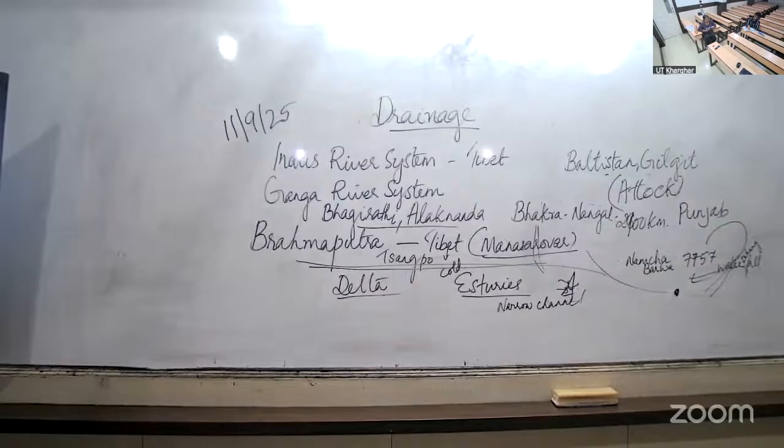Deltas are fertile lands. Example, Ganga Brahmaputra, comma, Krishna, Kaveri, and Mahanadi.